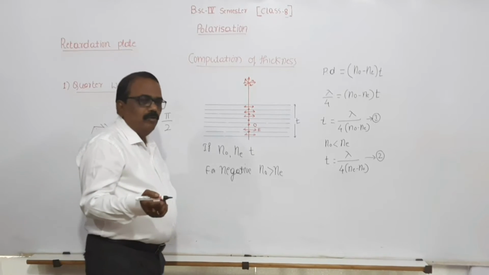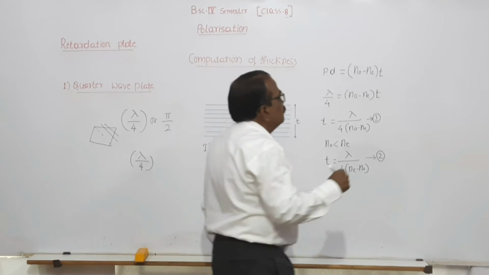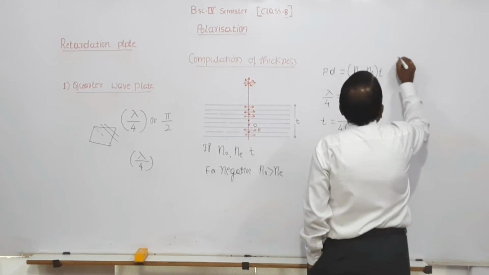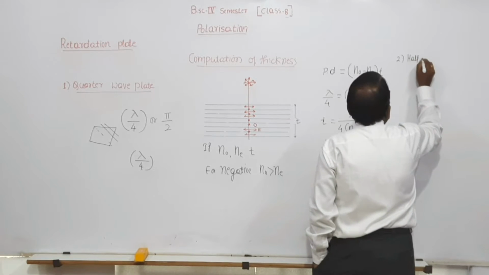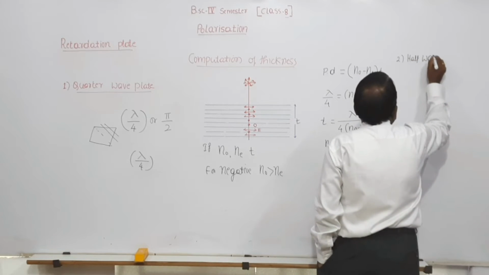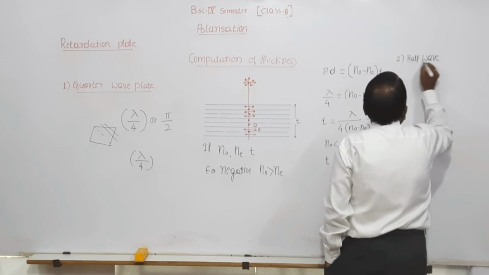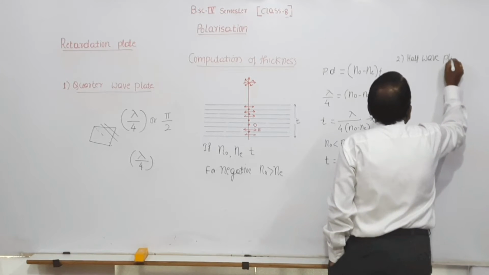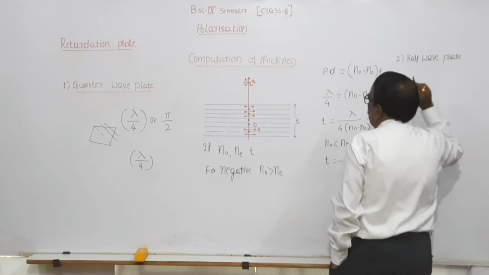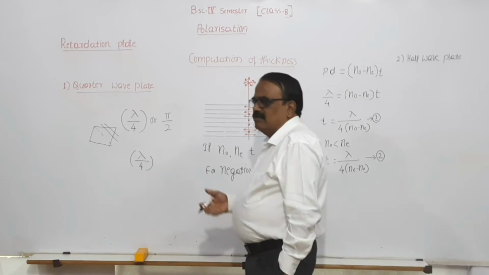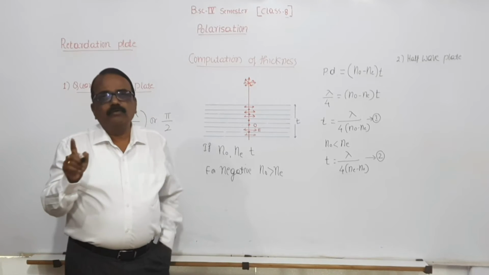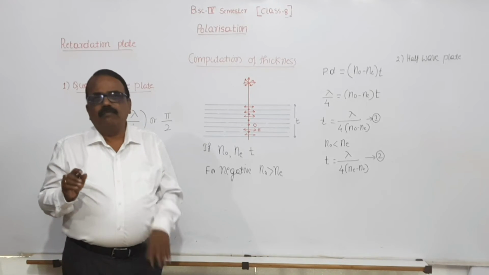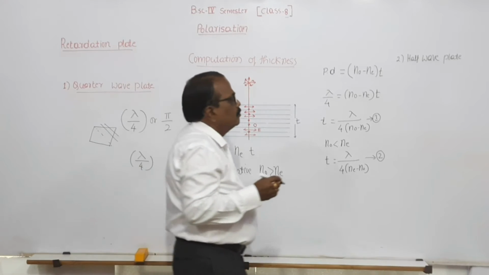And what about the half wave plate? The thickness of the plate is such that it produces a path difference of lambda by 2.